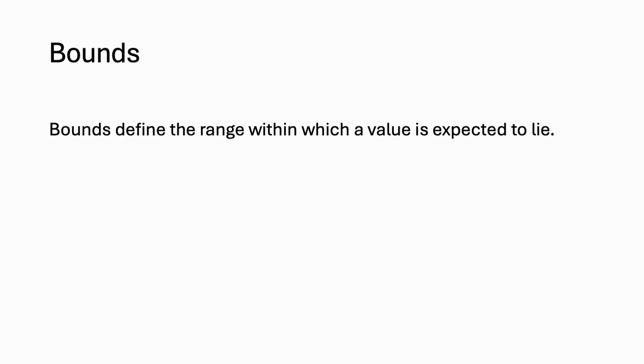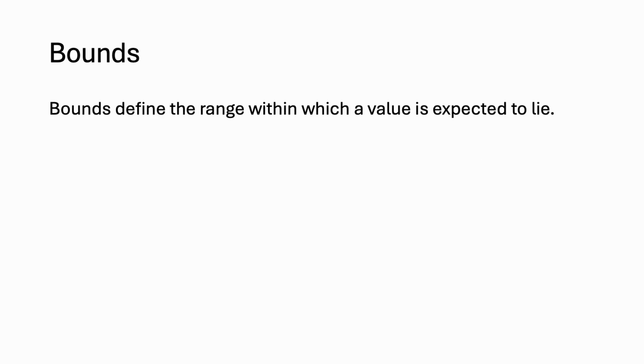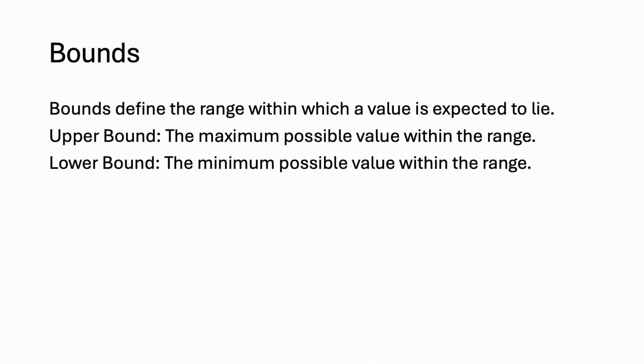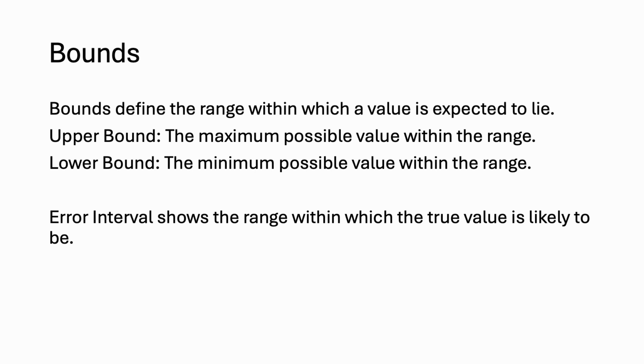Okay, so now we are going to switch on to bounds. Bounds define the range within which a value is expected to lie. The upper bound is the maximum possible value within the range, and the lower bound is the minimum possible value within the range. An error interval essentially shows the range within which the true value is likely to be.